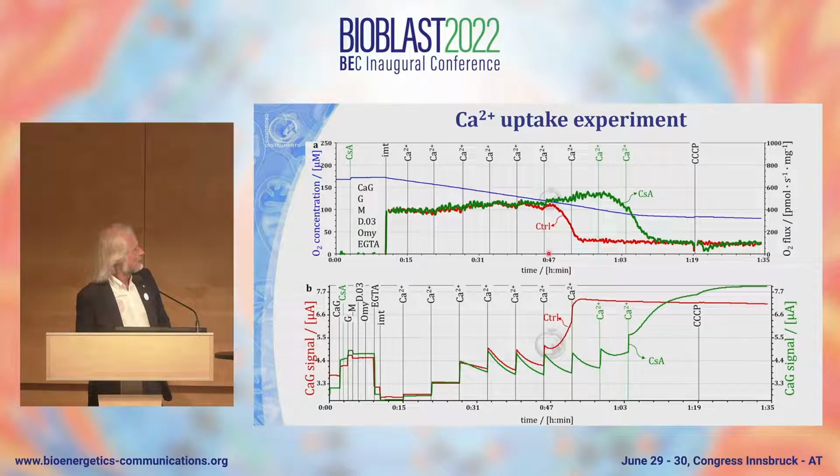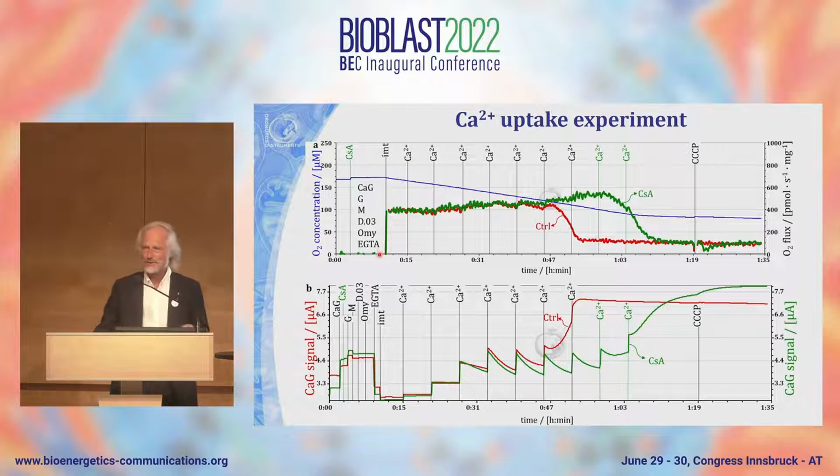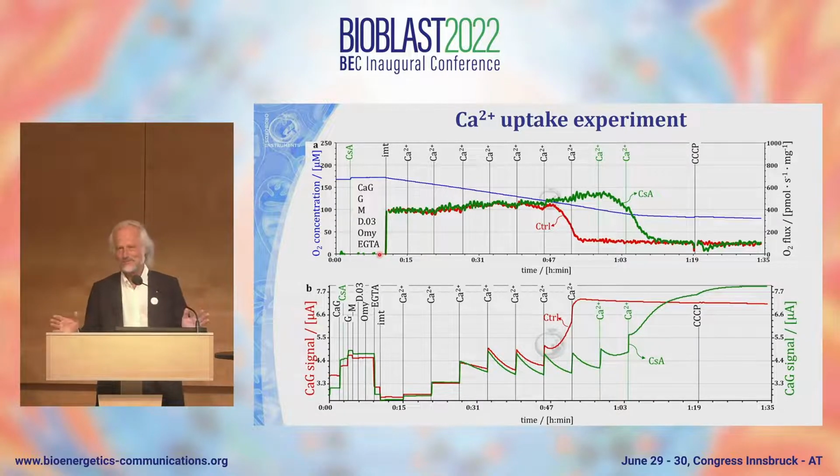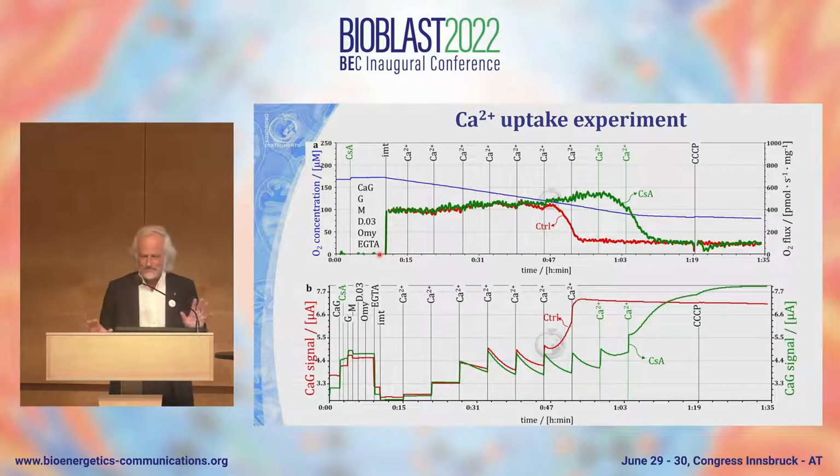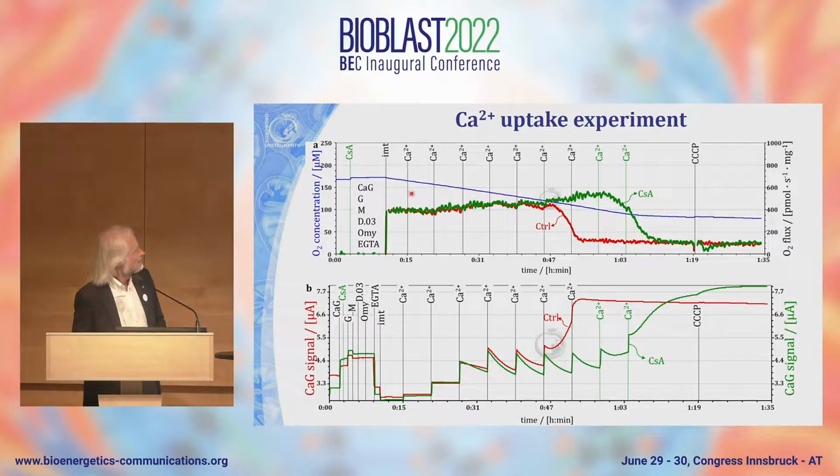You have in the control respiration with isolated mitochondria, calcium green, glutamate malate, ADP, oligomycin, and EGTA added initially because we never have 0 calcium in the medium, so we have to have some EGTA. And now these are the 5 micromolar step titrations. Respiration in the leak state now is slightly increased as we go through calcium titration cycles.